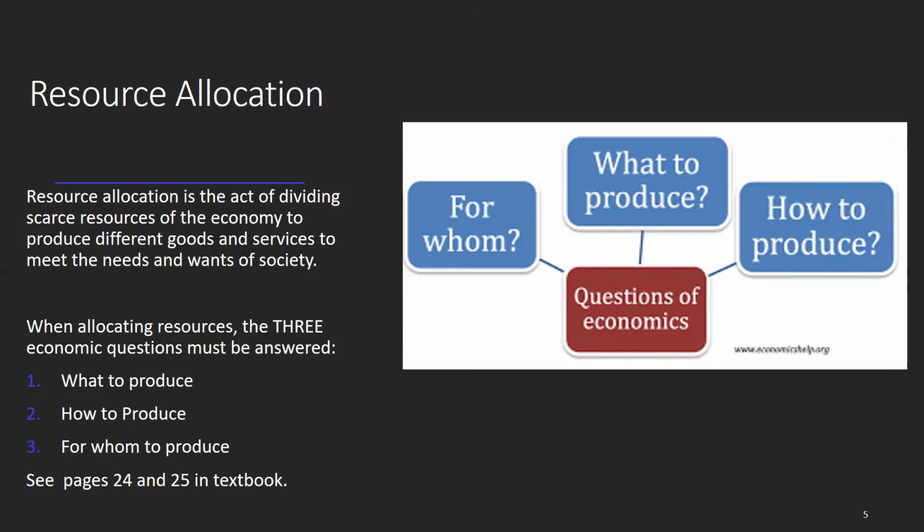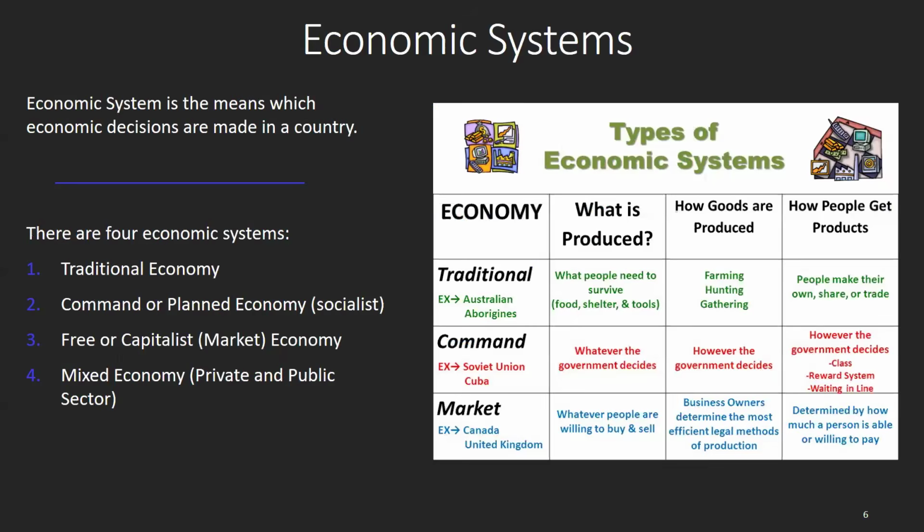And the way we make these choices determines the type of economic system we're using. You remember economic systems? You remember doing that in school? Those economic systems determine how we answer these economic questions: what to produce, how to produce, and for whom to produce.